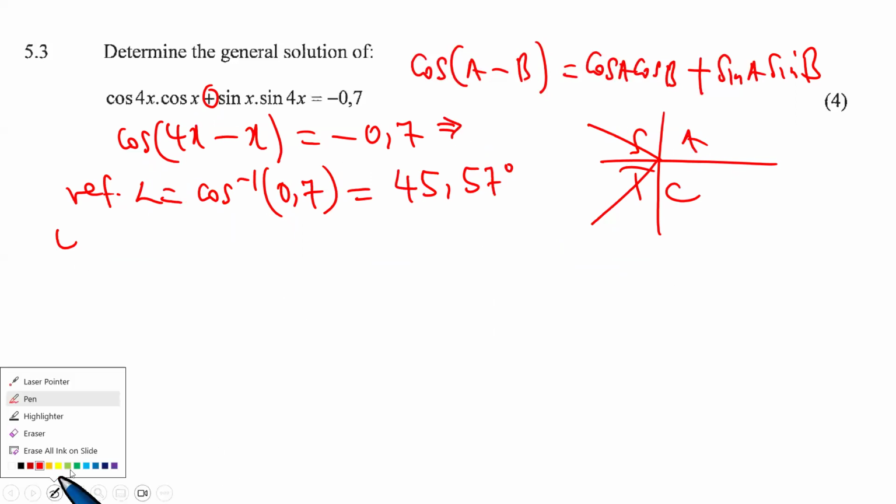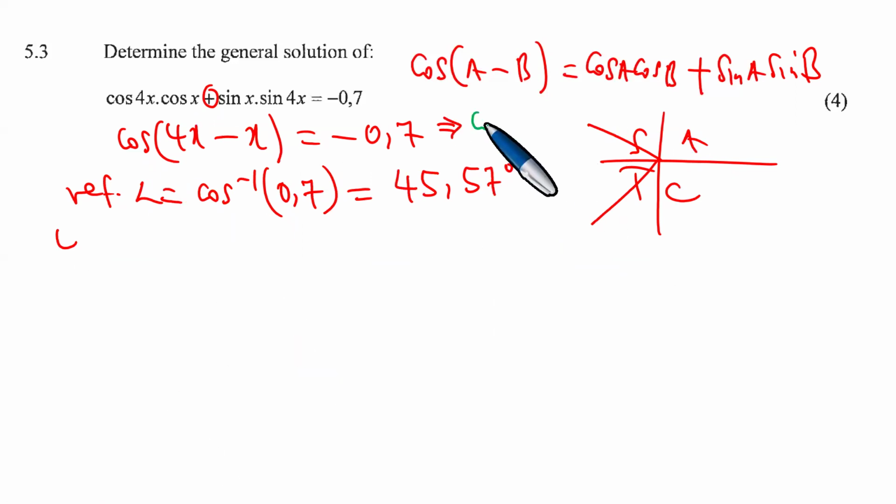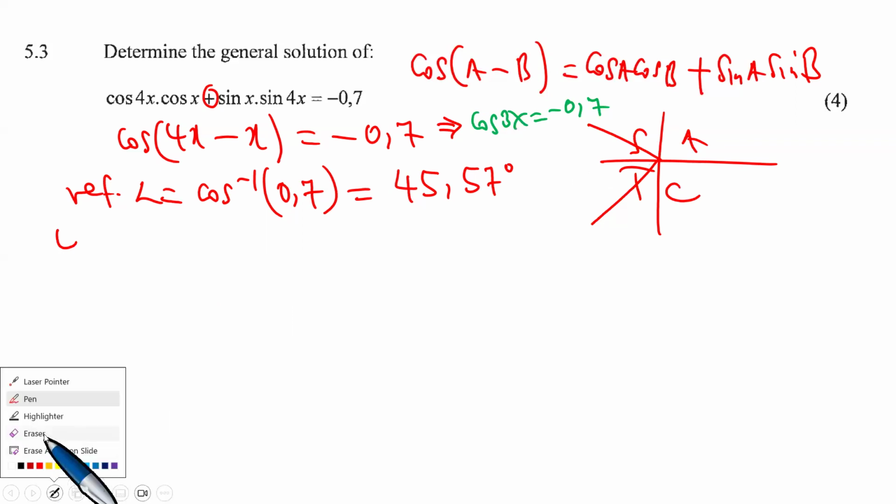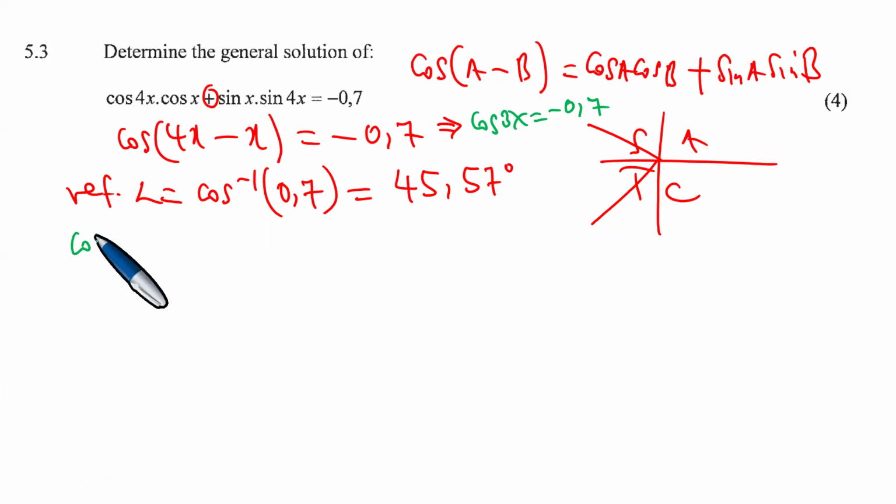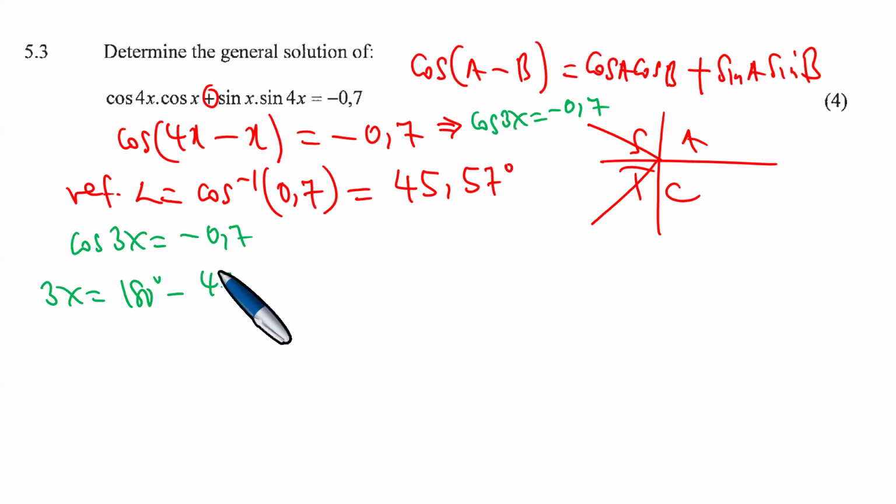For example, this is the same as cosine of 3x equals minus 0.7. Therefore, we're going to deal with those two quadrants. Dealing with the second quadrant, it's going to be 3x equals 180 degrees minus 45.57 degrees.